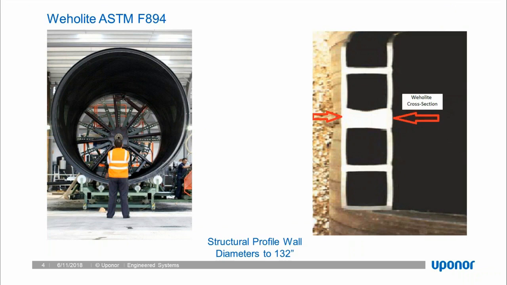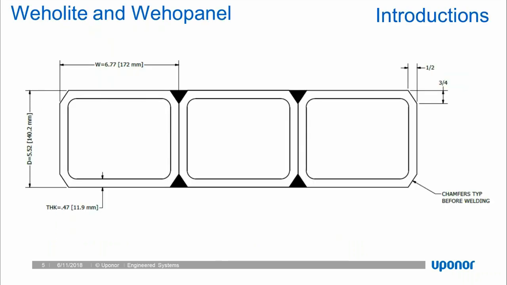For those not familiar with Weholite, ASTM F894 defines structural profile wall polyethylene. Uponor is able to produce this material in diameters of up to 132 inches. It utilizes a robust rectangular cross-section, as you can see there on the right-hand side, with an ID and OD weld to create a robust, high load carrying capacity system capable of being fabricated and designed into a wide array of applications.